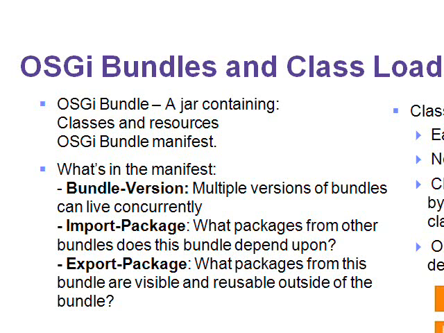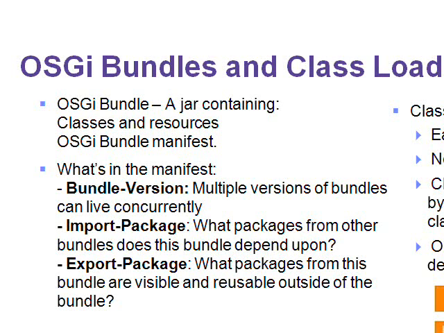So if all the imports and exports of this bundle are reconciled against the imports and exports of the other bundle, only then will this bundle be allowed to start. So you will not end up with class-not-found kinds of exceptions at a later point in time, because all of these are getting sorted at the time of bundling itself. So there's a whole host of good that OSGi brings along with it, and that's why I chose to expand on it.